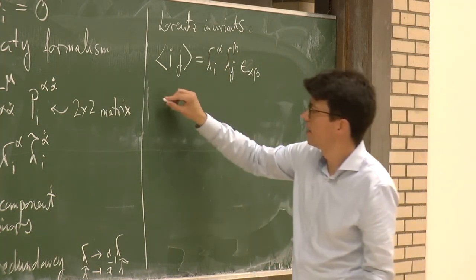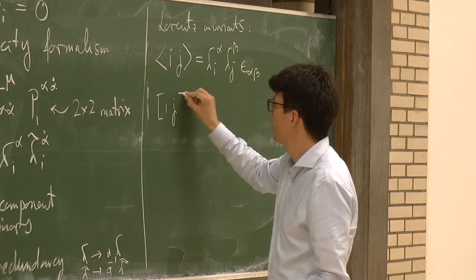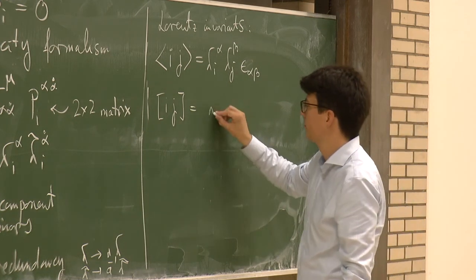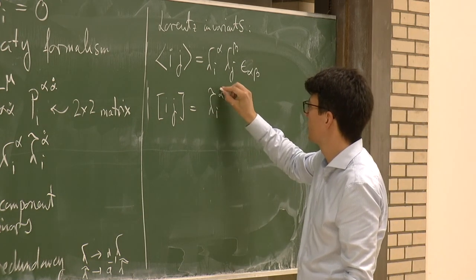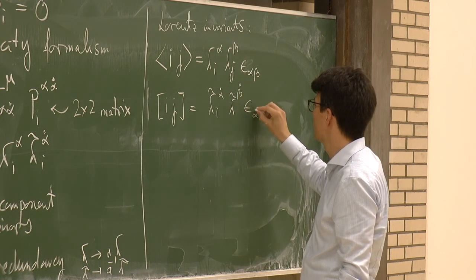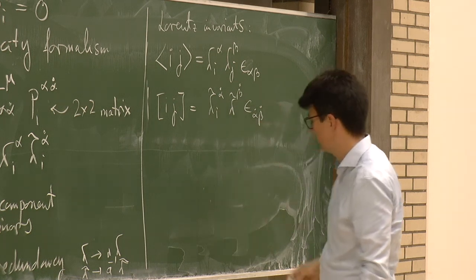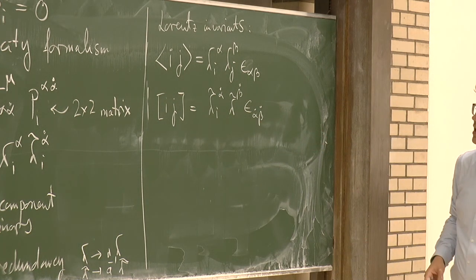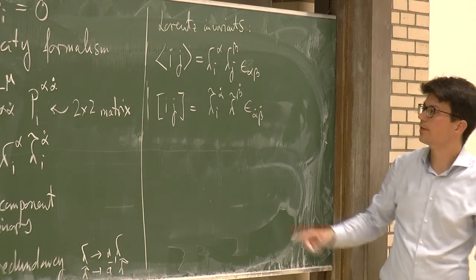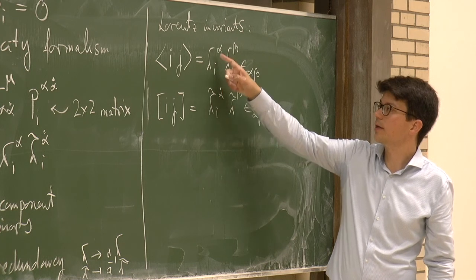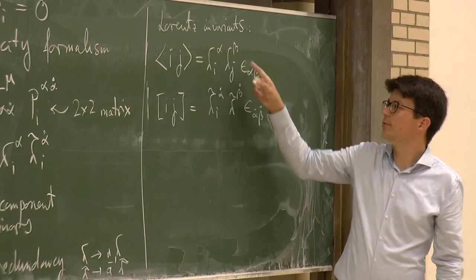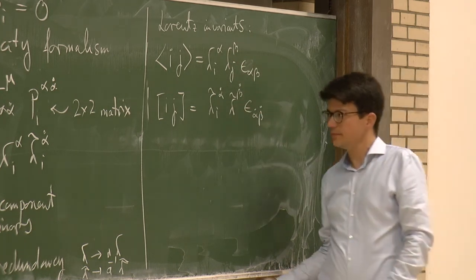Similarly for the lambda tildes, we'll use this square bracket notation. As I said, this is an antisymmetric matrix. So in components, this would be just lambda i1, lambda j2 minus lambda i2, lambda j1. And similarly here.